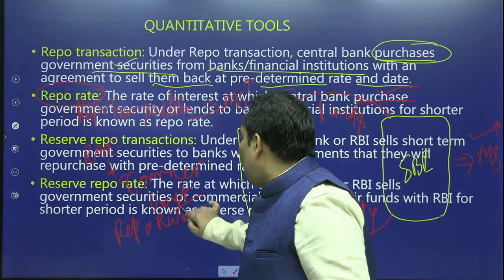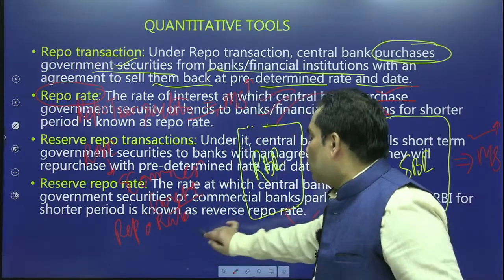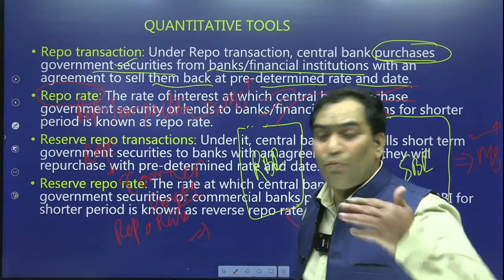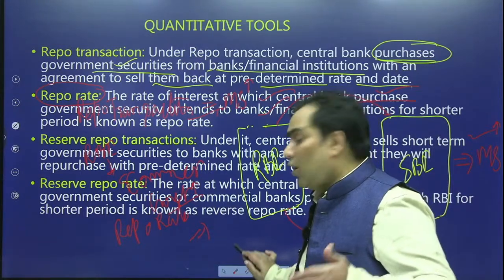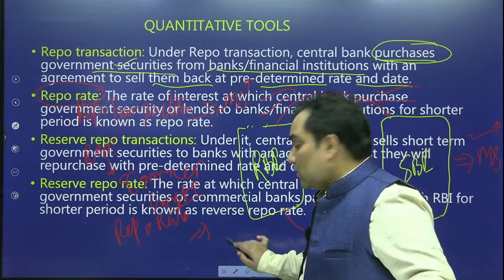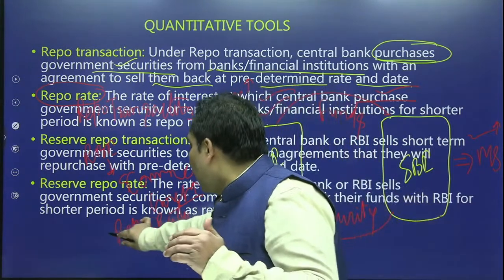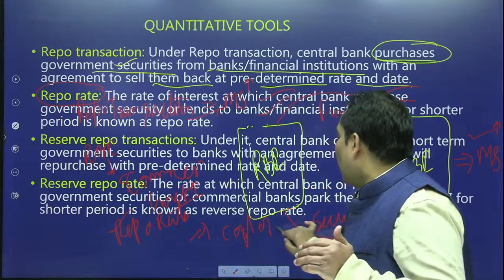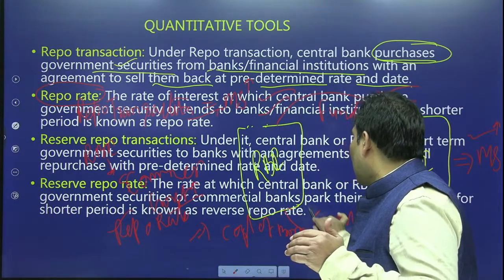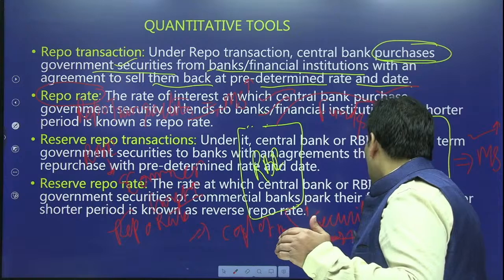So when there is an increase in the repo rate, the cost of borrowing of commercial banks from RBI increases, which reduces money supply.